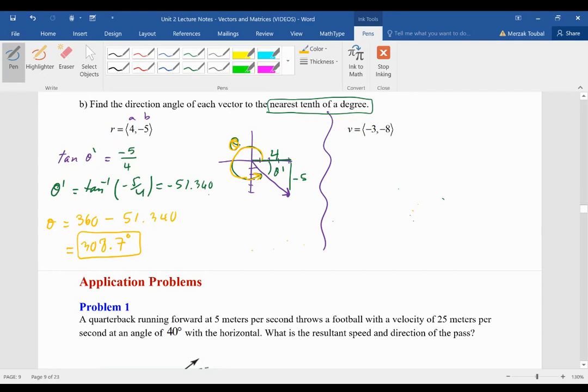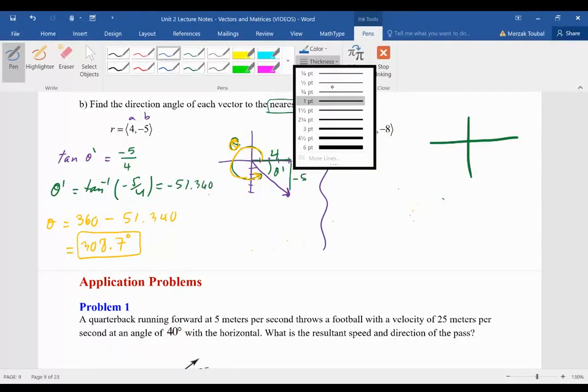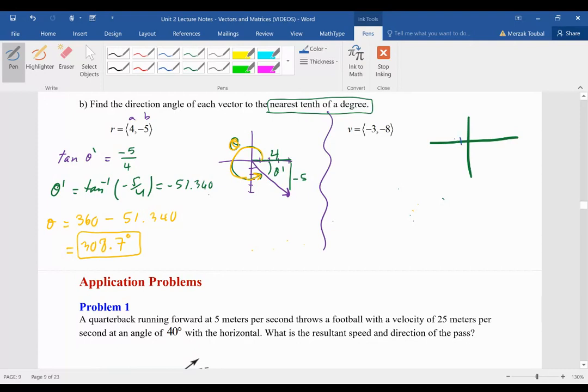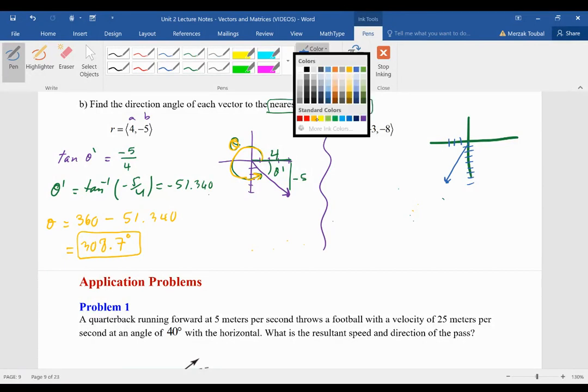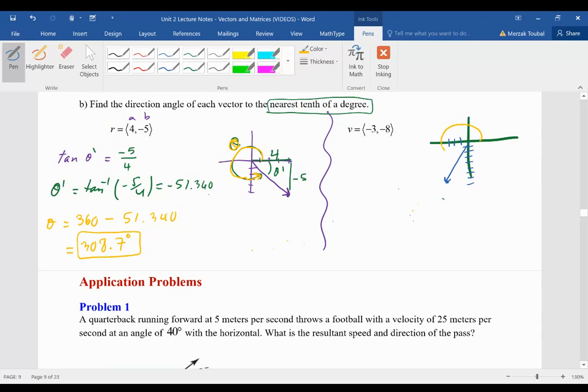Okay, let's do the other one. Let's make a graph also, so it will make more sense. -3, 1, 2, 3, and then -8, 1, 2, 3, 4, 5, 6, 7, 8. So it's in quadrant 3. Our angle, the one we're looking for, is yellow again.